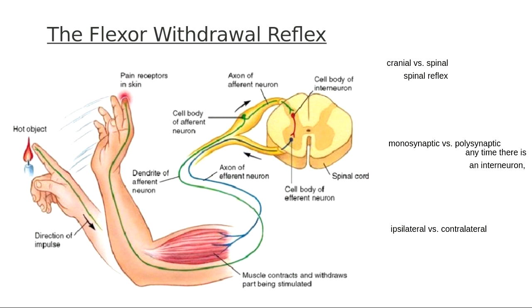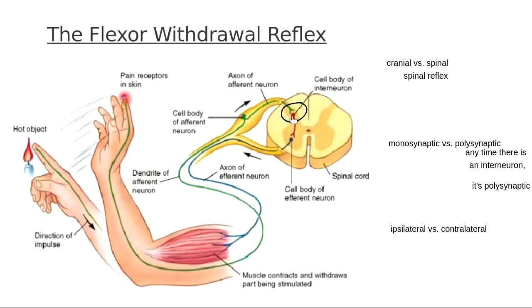See if that word fits. Okay, so in this picture, I can see an interneuron. They even labeled it for us here. That's one way to know that this is polysynaptic. The other way to know that it's polysynaptic, though, is this word literally means more than one synapse. So let's find our synapses here. My first synapse, the first place where neurons meet: I have a sensory neuron, or they're calling it an afferent neuron.